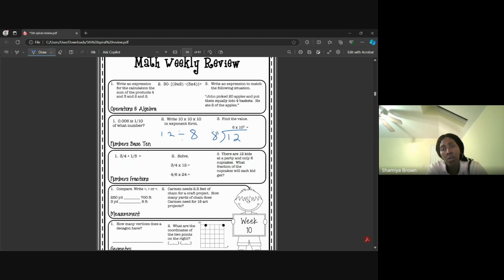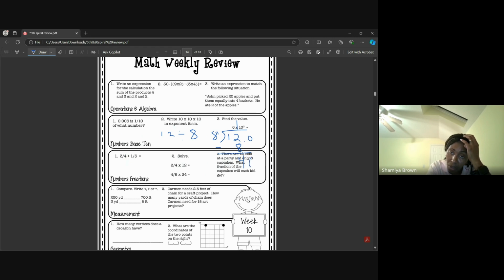8 goes into 12 one time without going over. 8 times 1 is 8. Subtract that, I get 4. I don't have anything else to bring down, and 8 can't go into 4, so I can add a decimal and a 0 here.